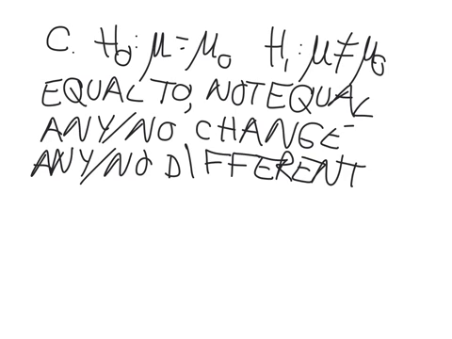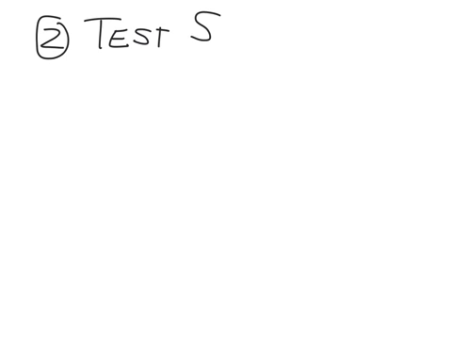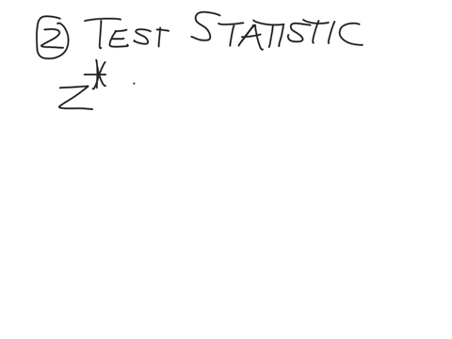Okay, so those are all the kind of things that you need for step 1. All right, and so then you're going to set that up and you'll come back to that in a second. Then step 2, you're going to construct your test statistic. Okay, and that's going to be your Z star. Remember, we're working with large samples. We're going to be using the Z, the standard normal.